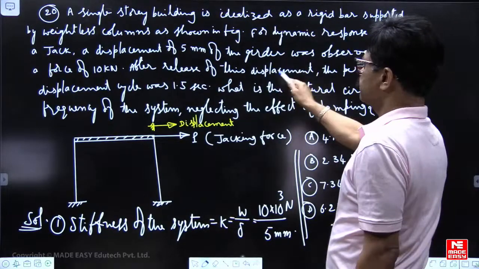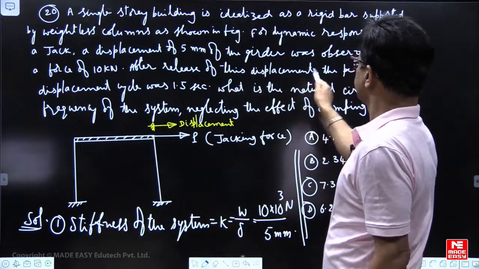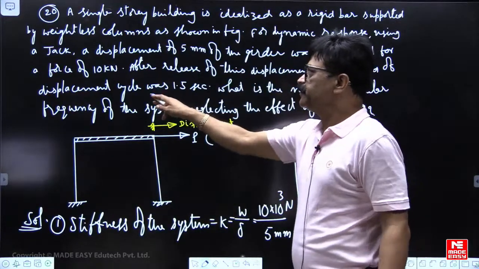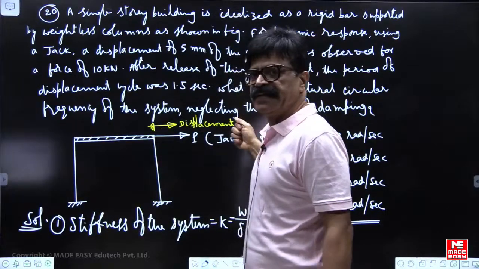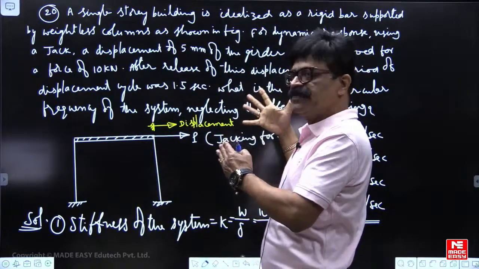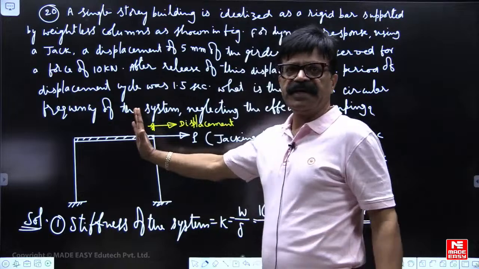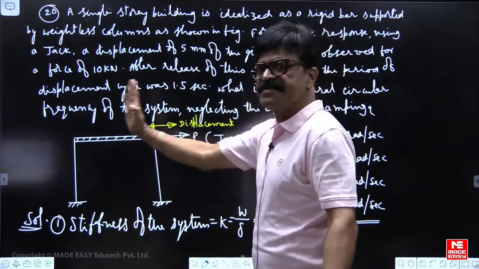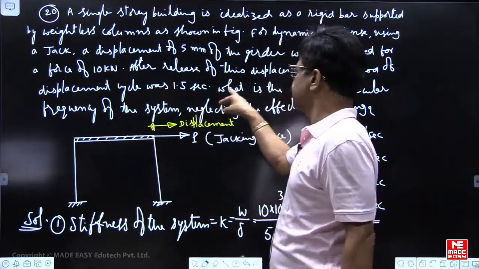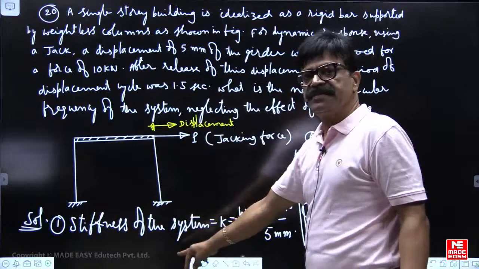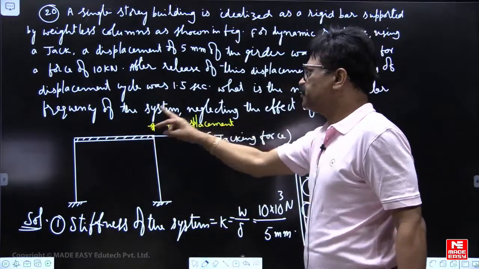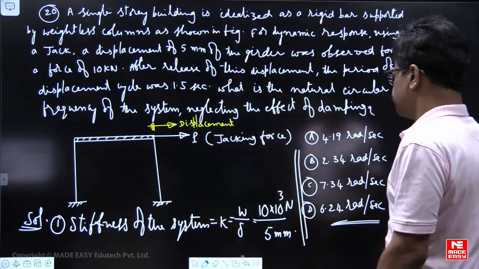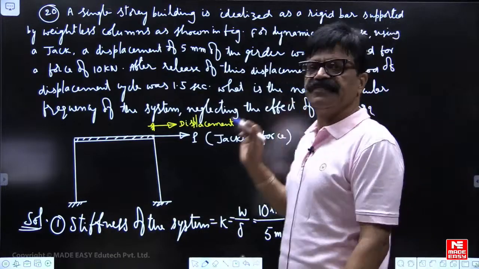Okay, so stiffness you will find W by delta, and the time period of displacement: when I pull it by 5 mm by a force of 10 kilonewton, it moved by 5 mm and I lift it, and time period as given for each cycle is 1.5 seconds. So time is known, stiffness is known. What is the natural circular frequency of the system? Neglecting the effect of damping.